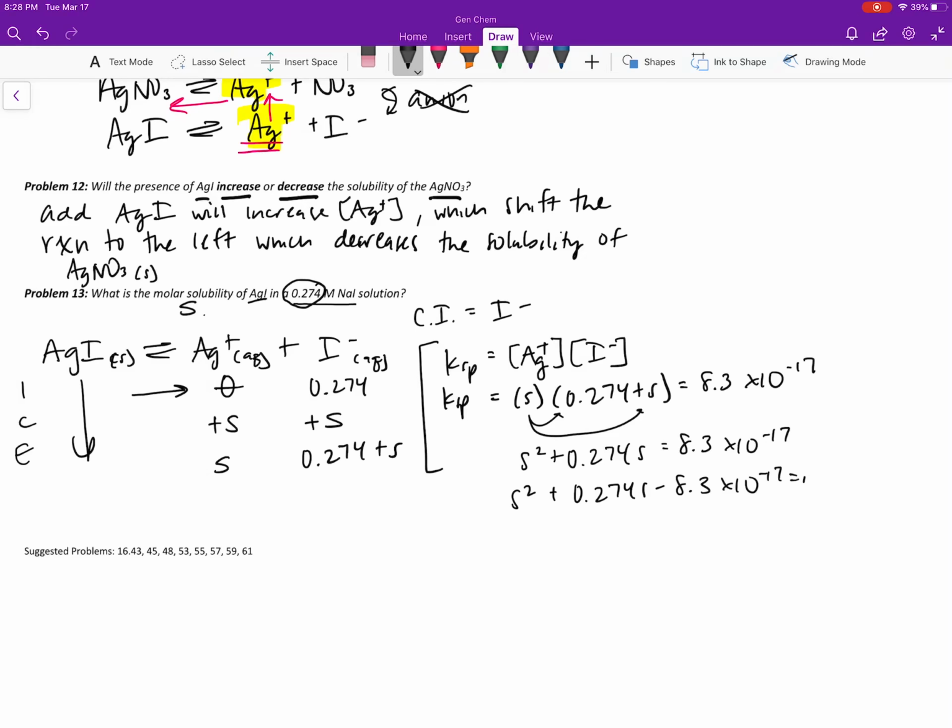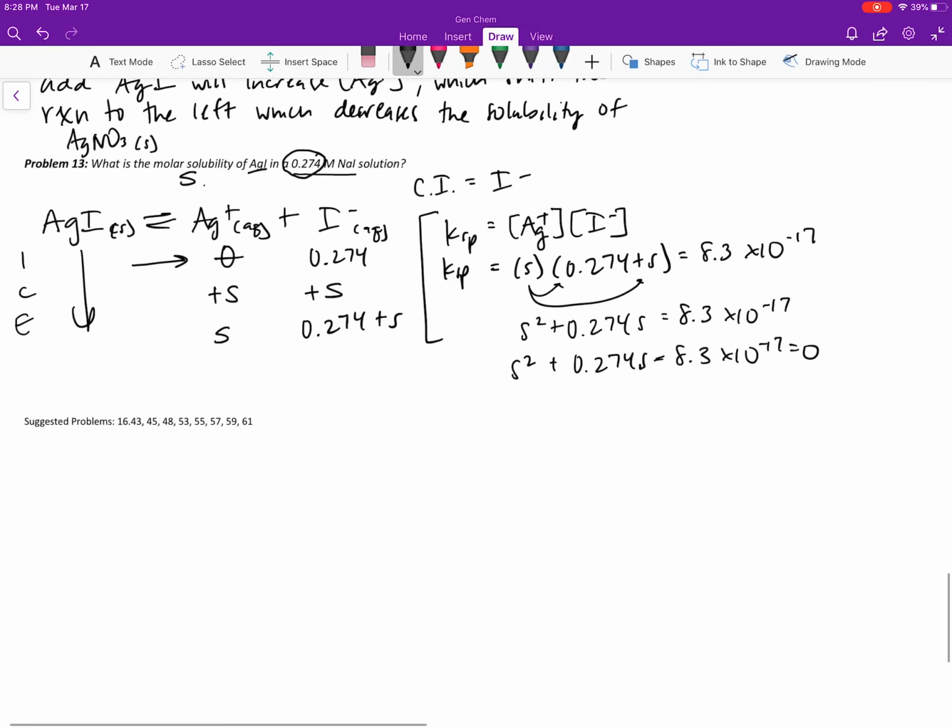And you might be thinking to yourself, oh my gosh, that looks like a quadratic. And it is. But in KSP, because this value is so small, it's going to have very little impact on what S is equal to.